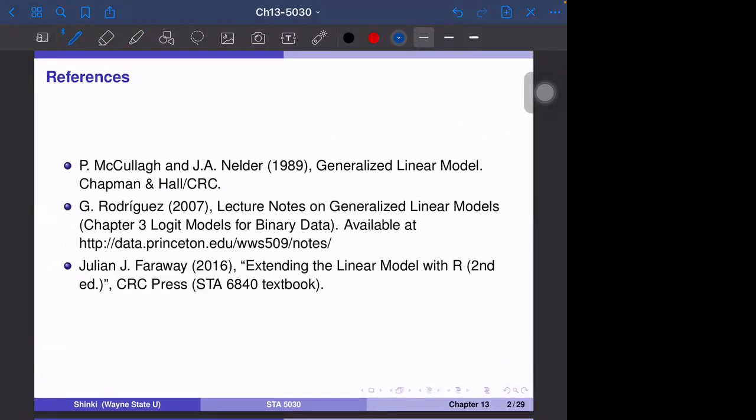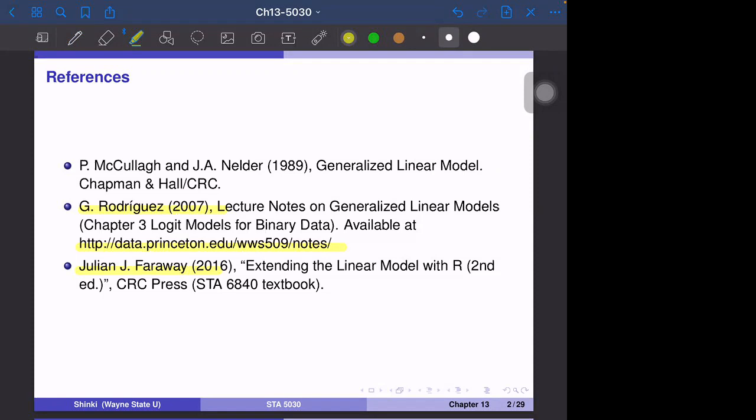If you would like to know more details, one easy reference is Princeton University's lecture notes. They are written very well, and accessible for free. It's nice to read if you want to know more. Another one is the textbook for STAT 6840.